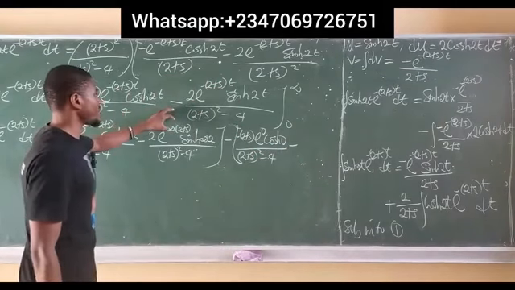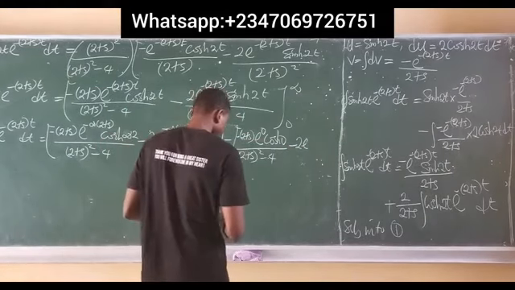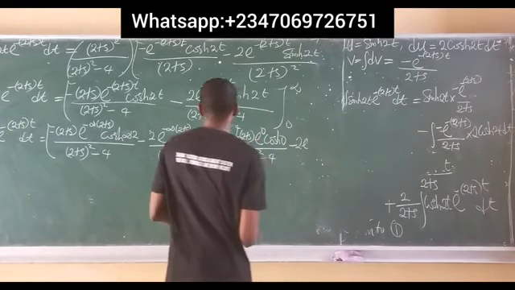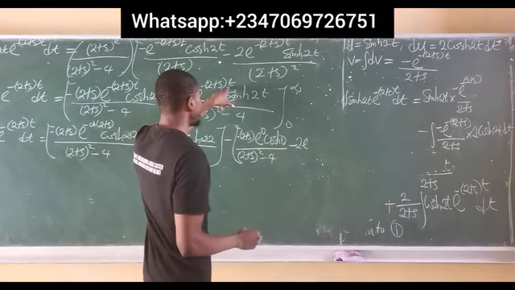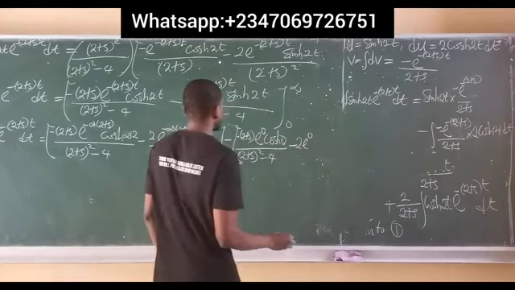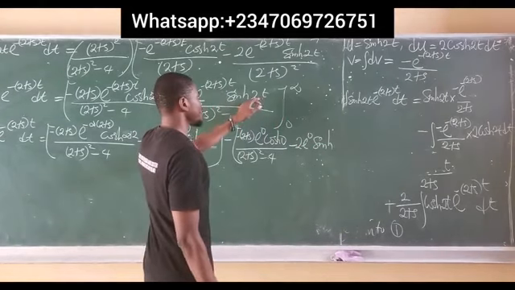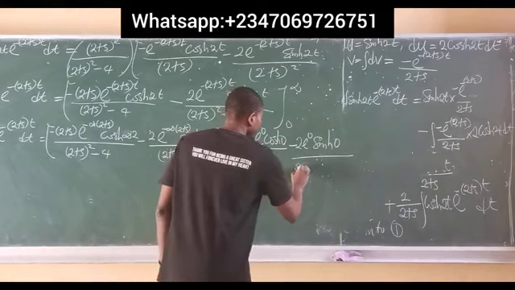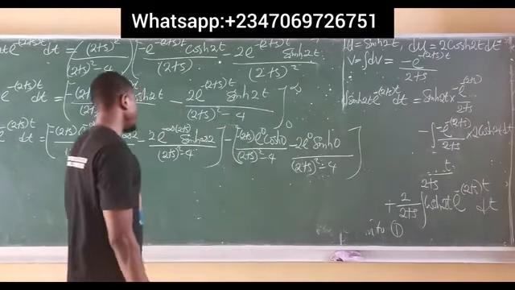For this case, we have minus 2 e^(-(2+s)t). Now t is 0 as well, lower limit, 0 times everything here becomes 0, so it becomes e^0 sinh 2t, t again is 0, 2 times 0 becomes 0, so I have sinh 0 all over (2+s)^2 - 4. All right, so we have this.